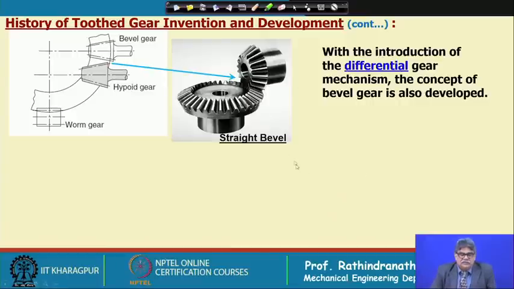gear. So, now here what is shown is a straight bevel gear, but it is of course intersecting, if we consider the axis through the pinion and the axis through the gear, they will intersect. But looking at this photographic view, this is of course not 90 degrees, this angle will be slightly more than 90 degrees, but that can be achieved by straight bevel.